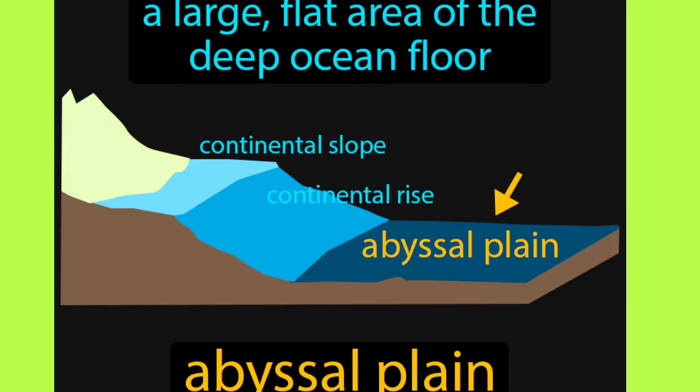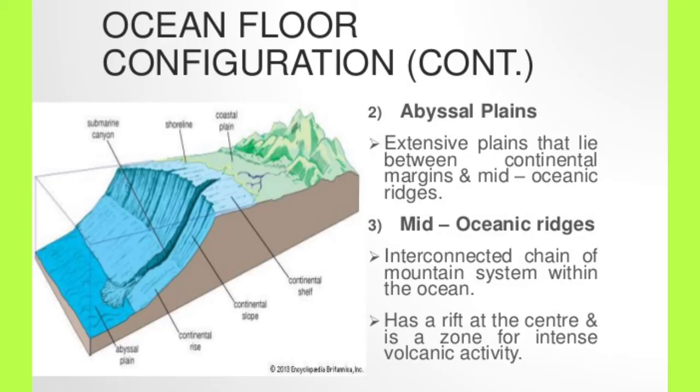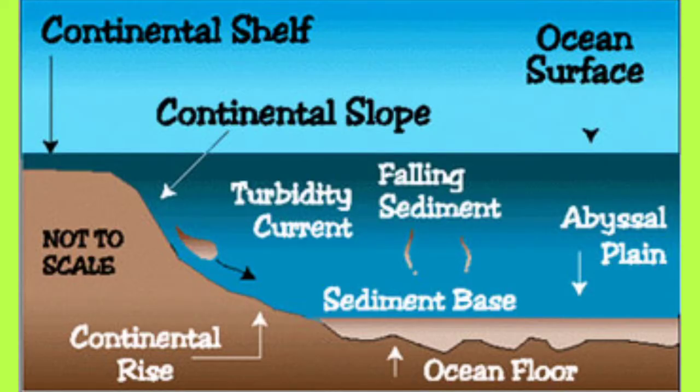Second is the abyssal plain. An abyssal plain is an underwater plain on the deep ocean floor, as is visualized on your screen. It is usually found at depths between 3000 meters, or 9800 feet, and 6000 meters, lying generally between the foot of a continental rise and a mid-ocean ridge.